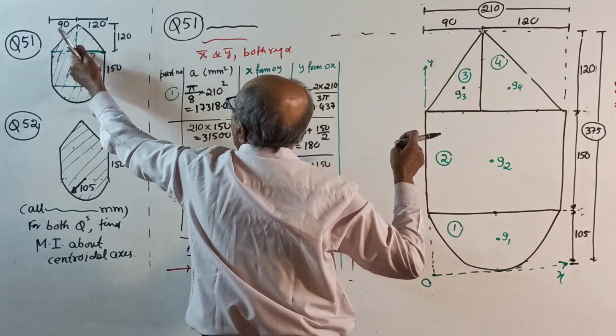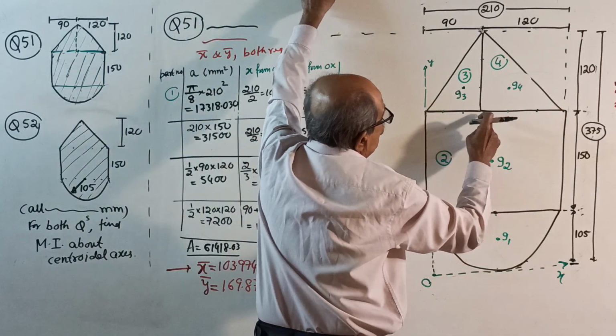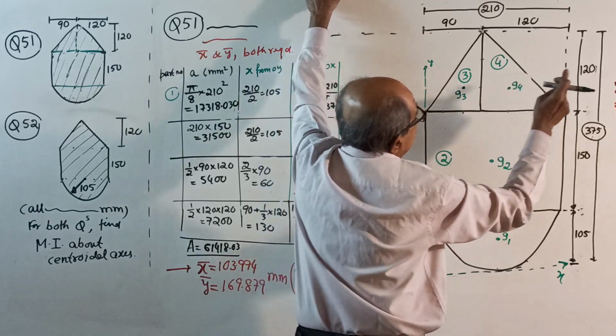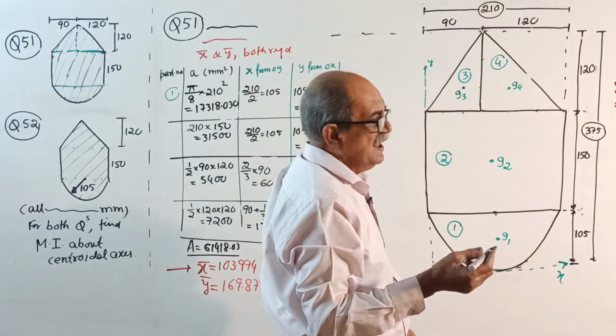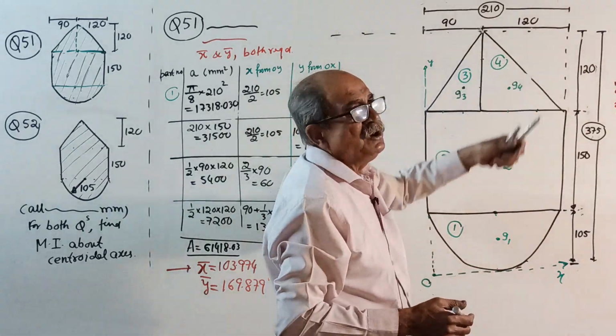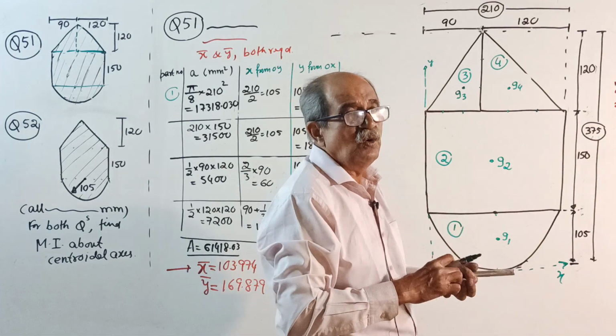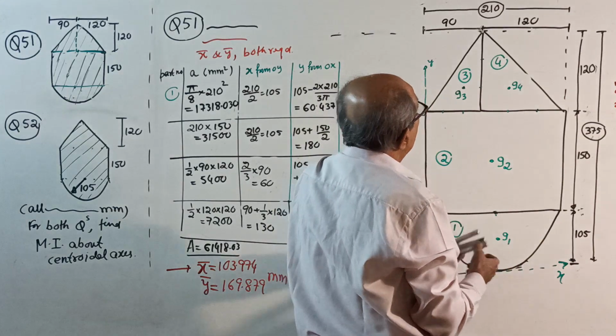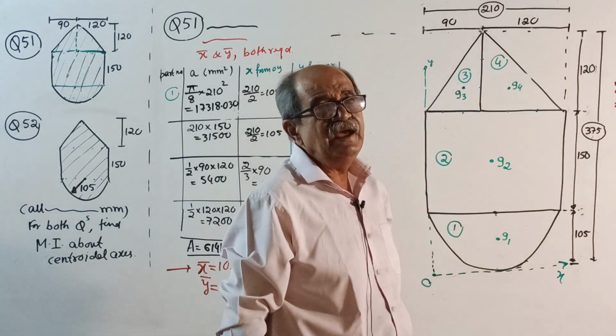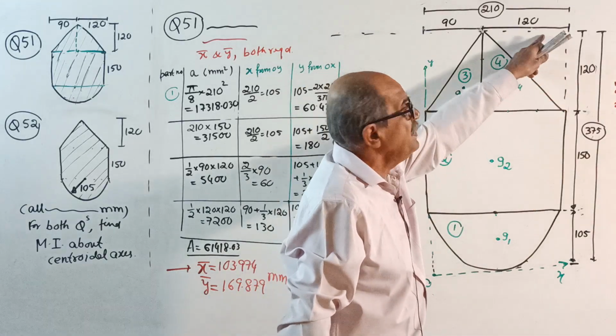This base is 120 by 120. Both are equal, that hardly matters. This is 120, this is also 120. Just to understand later, I will put one of the 120 as 120.0, not right now, but when I do the moment of inertia, because they need not be equal.